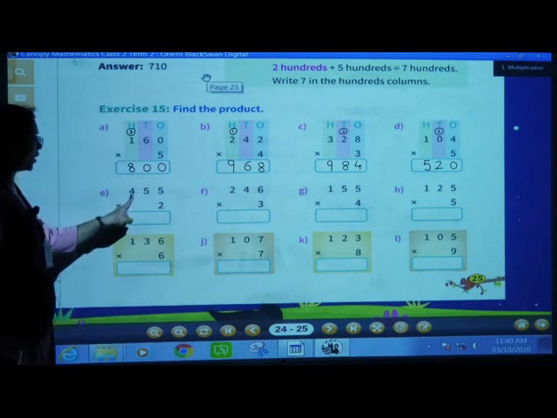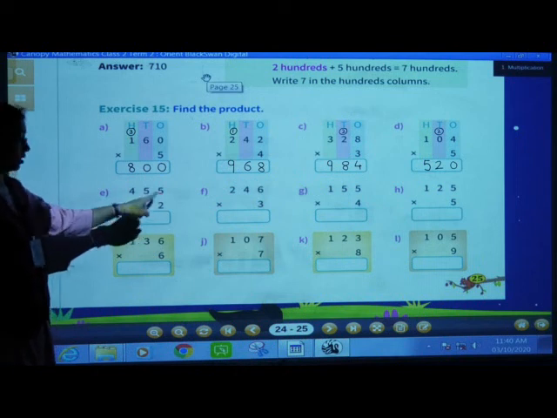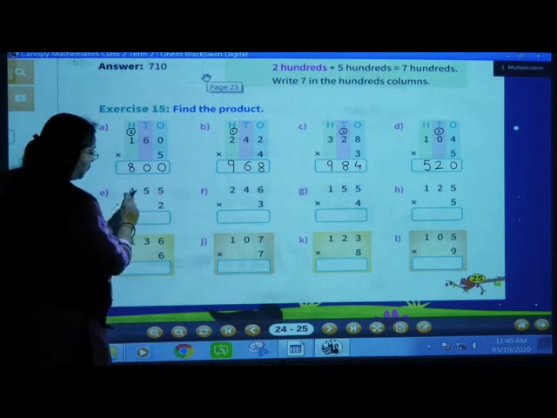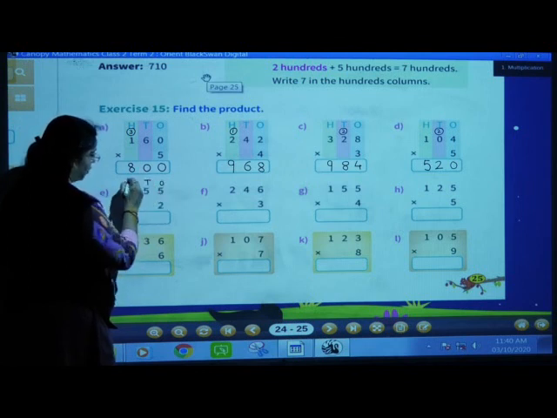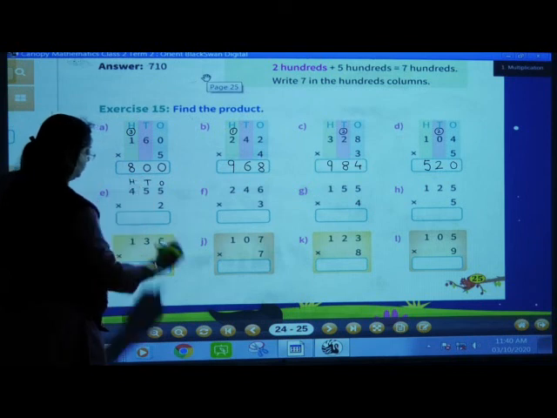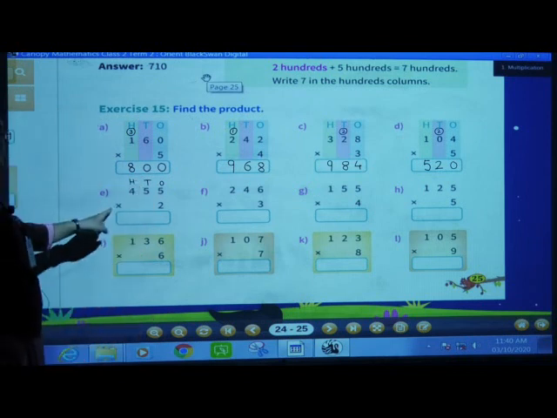Next, 455. In this number 455, 5 is the ones place, this 5 is the tens place and this 4 is the hundred place. Correct?